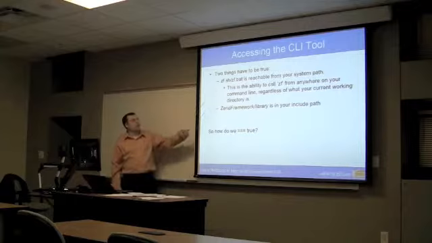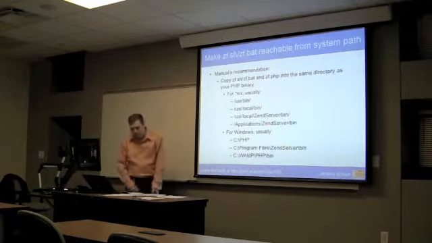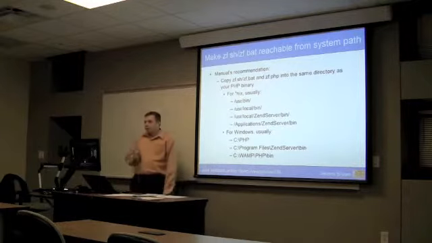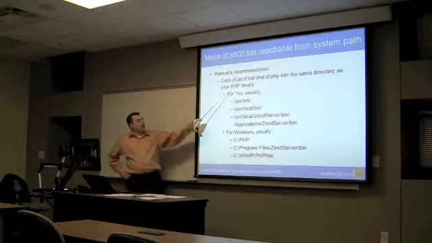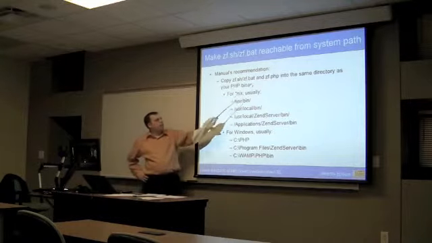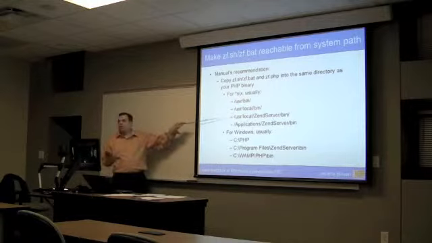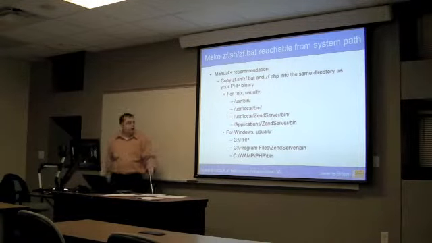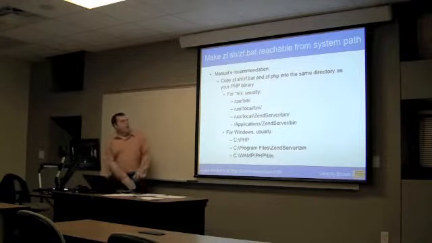So if we know that these two things have to be true, what do we do to get there? The manual will tell you that you should move the zf files and the zf.php into the same directory as your PHP binary, which on Unix is usually in one of these locations, but it could be anywhere. And for Windows, it's usually in one of these locations, but it can be anywhere.